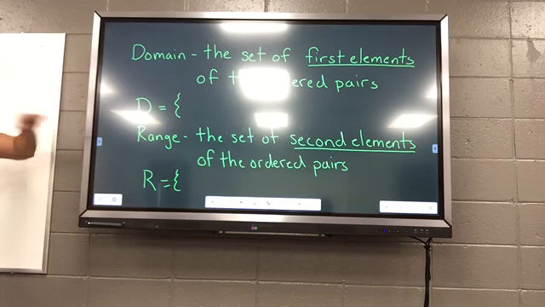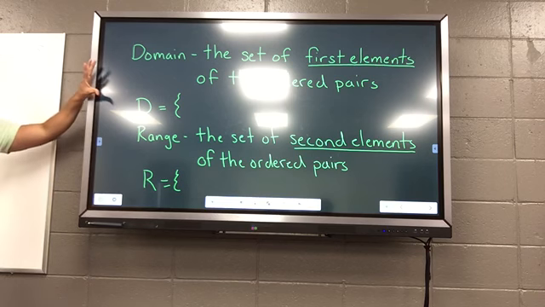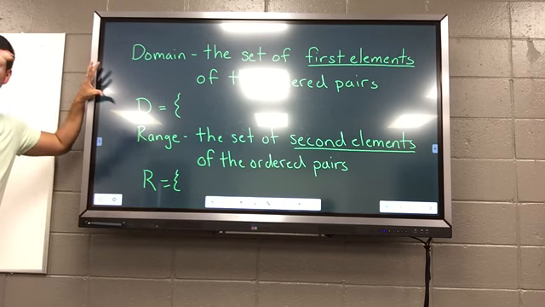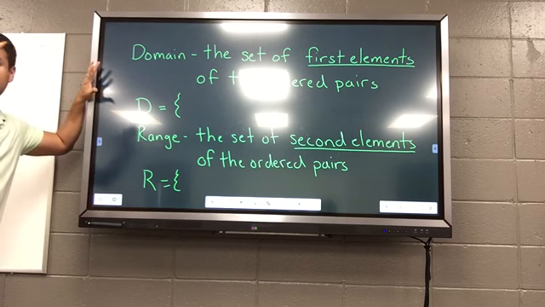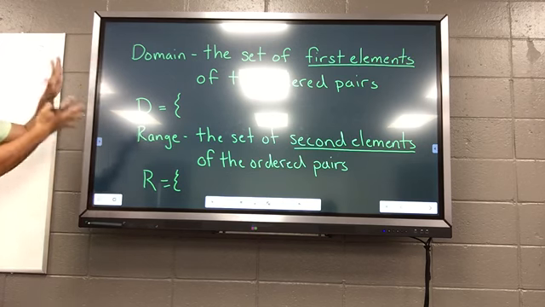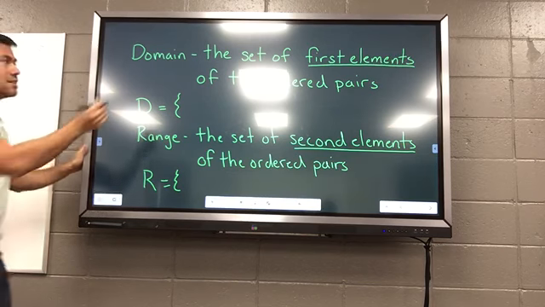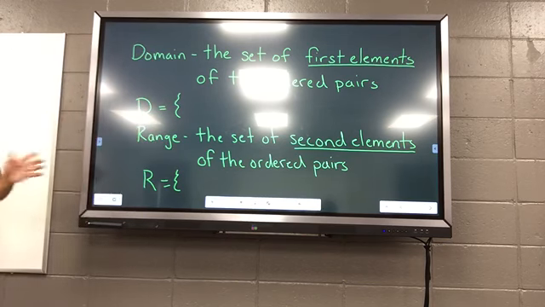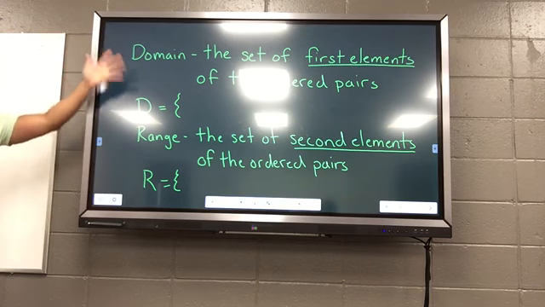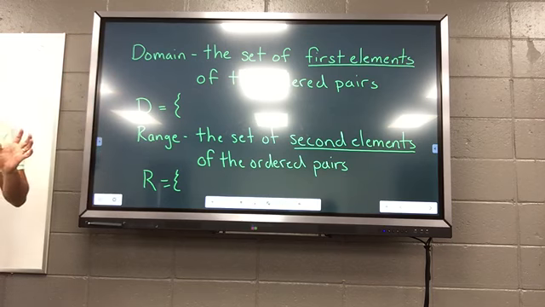Domain and range, if that's all you knew, wouldn't help you too much. But when I know domain and range, now I can get into harder ideas like geometry, pre-calc, calc, statistics, and probability. By itself it doesn't really do anything until you apply it to other disciplines of math.